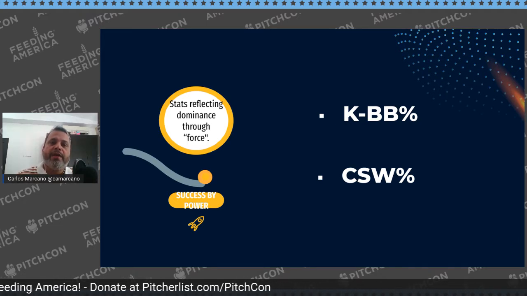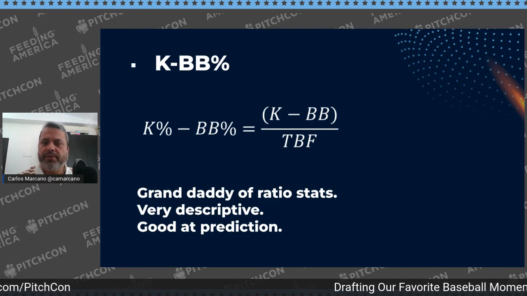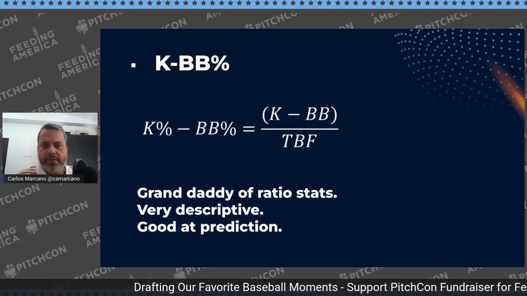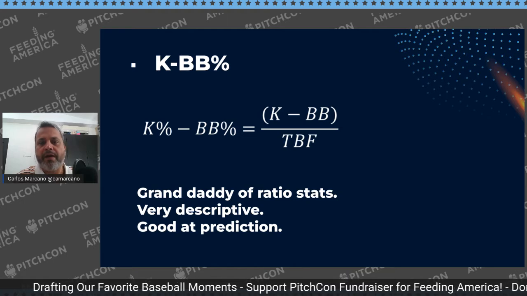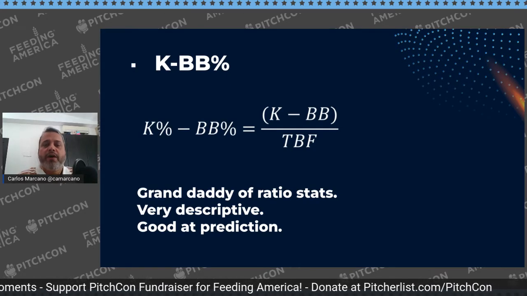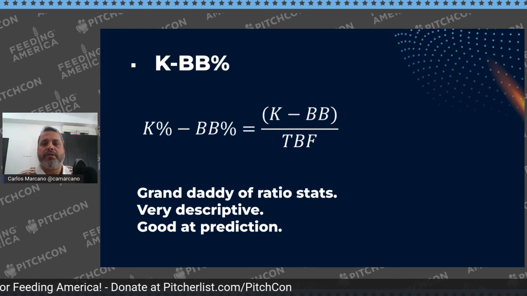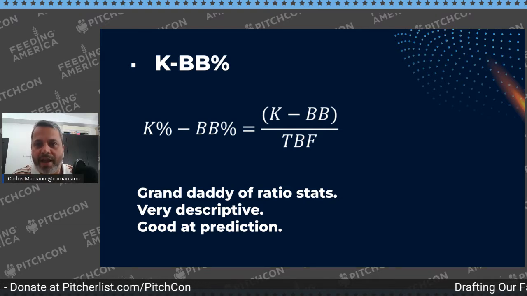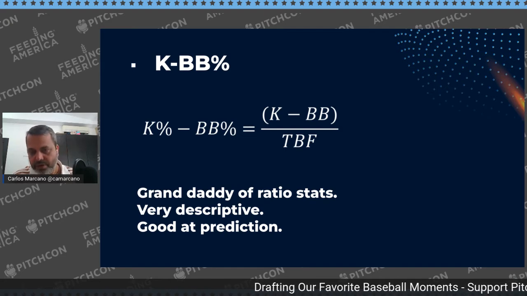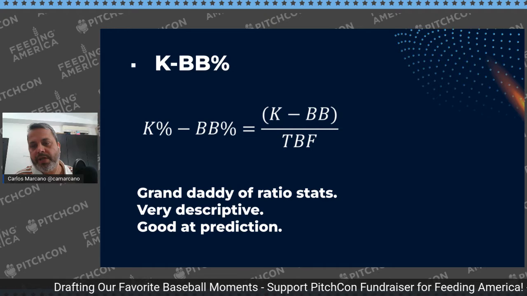So I chose to use these two stats, K minus BB percentage for sure. It's just the ratio of strikeouts in terms of the total batters faced. It's an amazing stat by itself. I mean, if you want the simplest analysis with the better upside of any pitcher, in my opinion it all goes to K minus BB percentage.